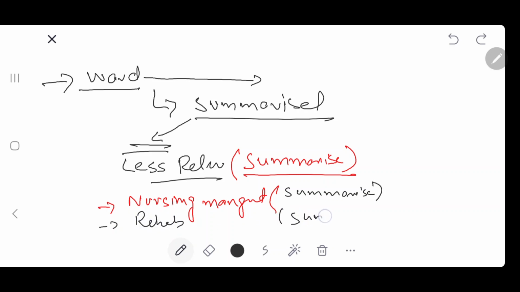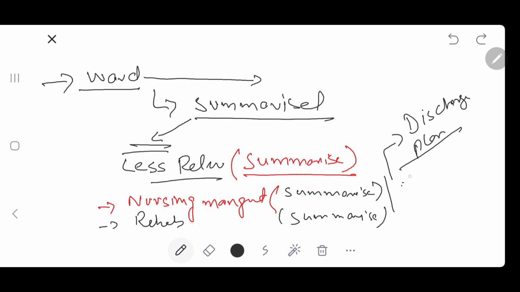It also has to be summarized, but less than the ward. And at the end, after writing this, we should write down the discharge plan. Now, the discharge plan we have to expand. In the discharge plan, we have to expand.